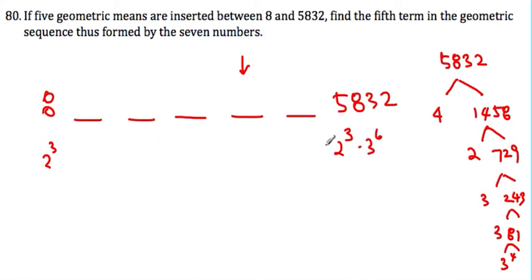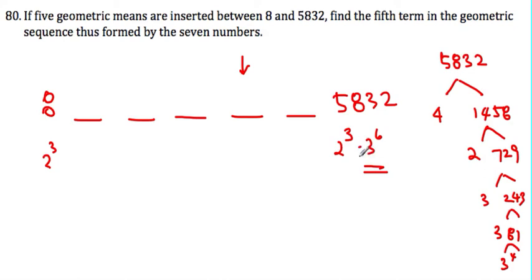Now, one way we can get this done is that 2 to the 3rd power was there in the beginning and also at the end. But the difference of the 6 terms, from 8 through 5832, would have been formed by 3 to the 6th power. And which number do you think we would have multiplied by? One possible answer is 3.